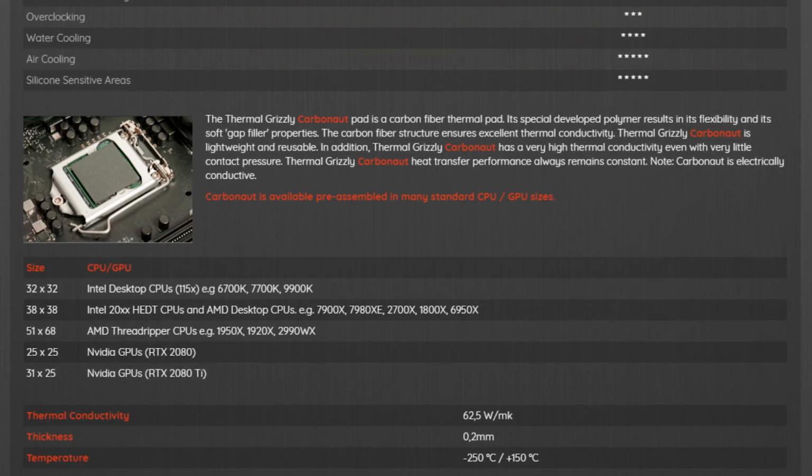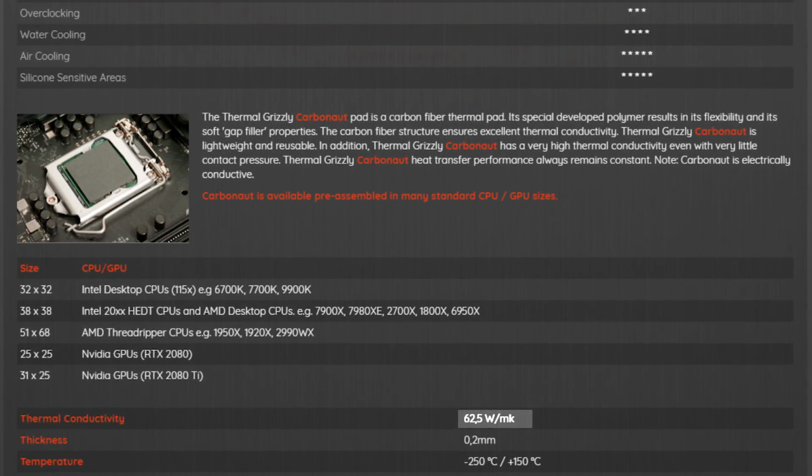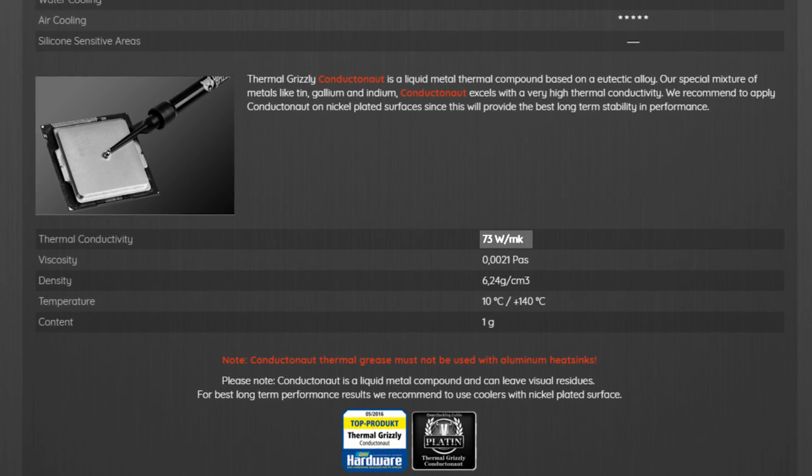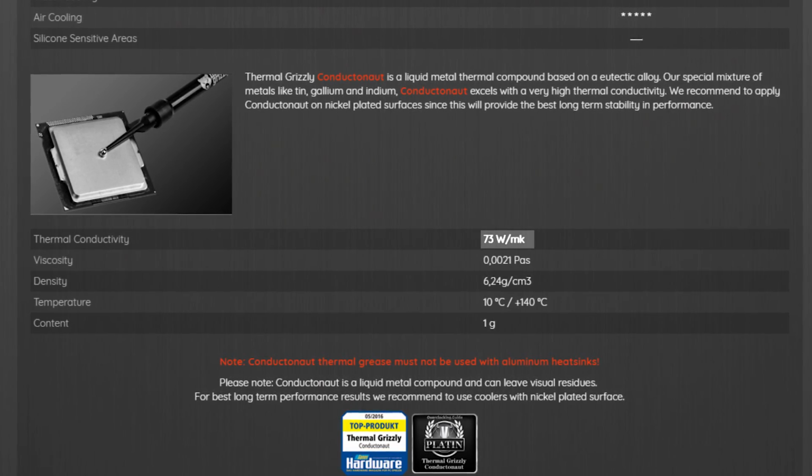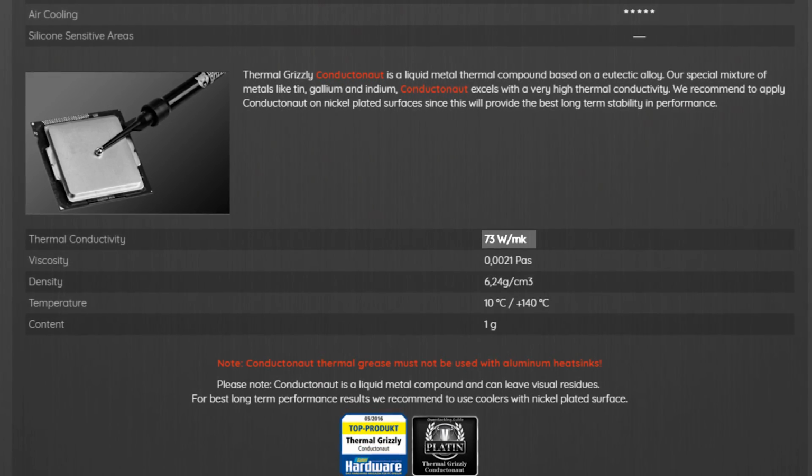The Carbonaut pads, on the other hand, have a thermal dissipation rating of 62.5 watts per meter Kelvin. Liquid metal, on the other hand, is 73, so liquid metal still has a higher thermal conductivity metric, but the Carbonaut pads are quite good, and they come in a variety of different sizes.